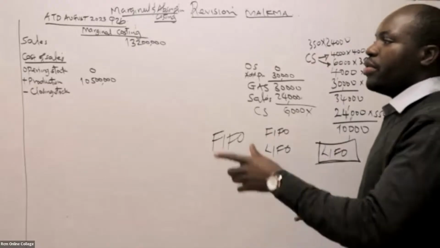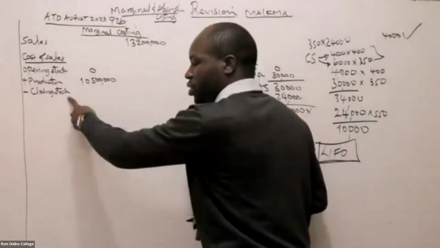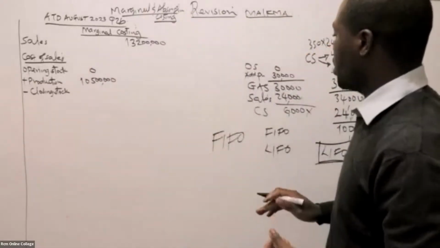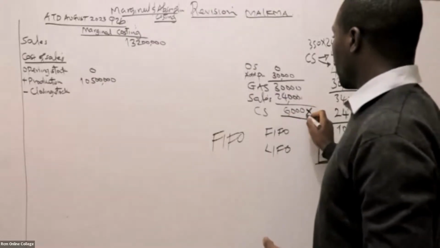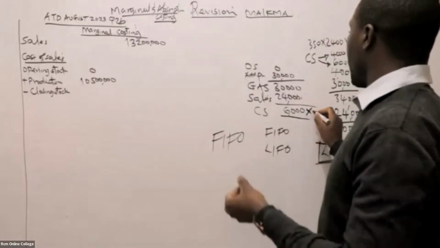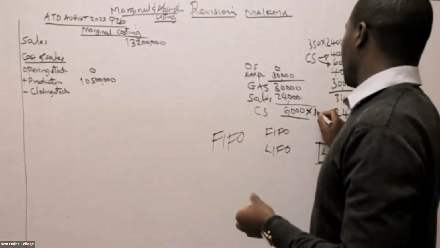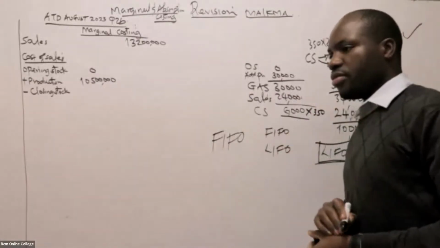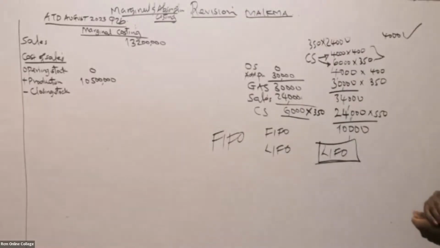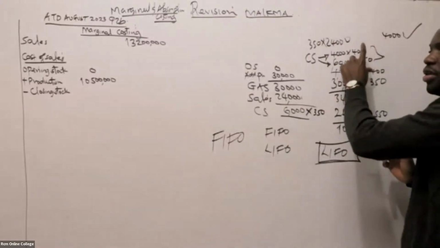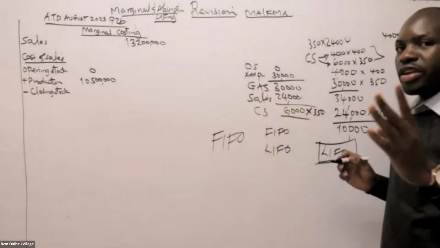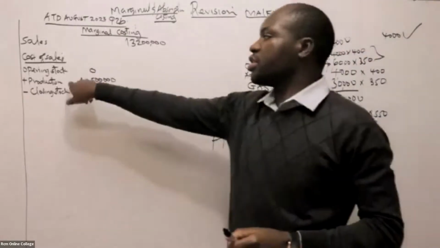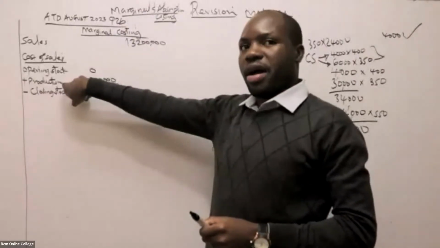That is why when we are going to get the value of our closing stock, we know the quantity is 6,000, but we will get the cost of this closing stock as the production cost for the duration. We will not separate it this way. We are assuming that the opening stock will be sold first, so any closing stock will come from what has been produced during the month.